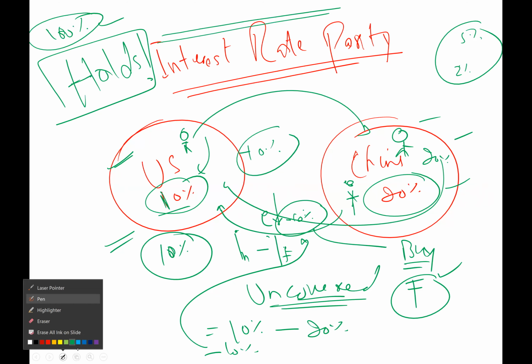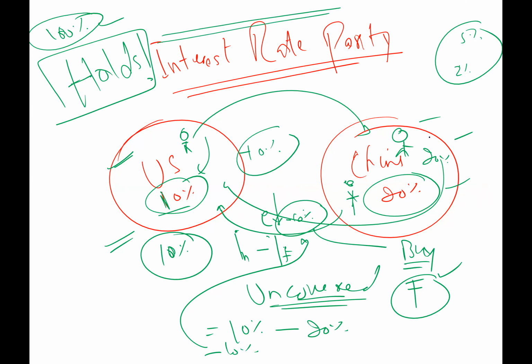Let me just change the color here. If you are here in China, and you invest here and earn 10%, then what happened? Due to this, the equation changes: home currency minus foreign currency.